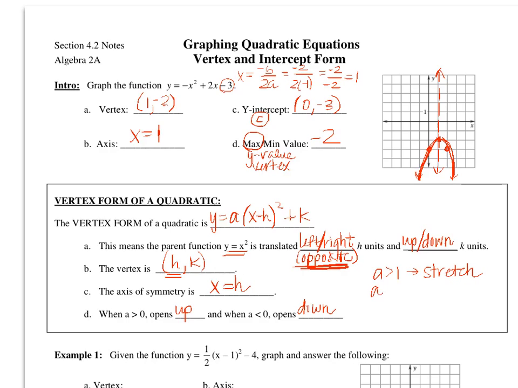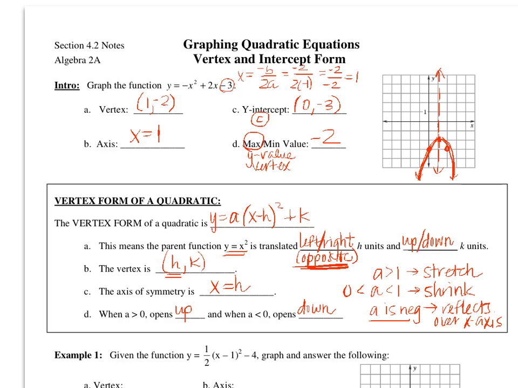If a is between 0 and 1, this is called a shrink. And the last thing, if a is negative, then not only does it stretch or shrink, but it also reflects over the x-axis. So when the value is negative, you're actually going to have two answers: the stretch or the shrink, and the reflection.